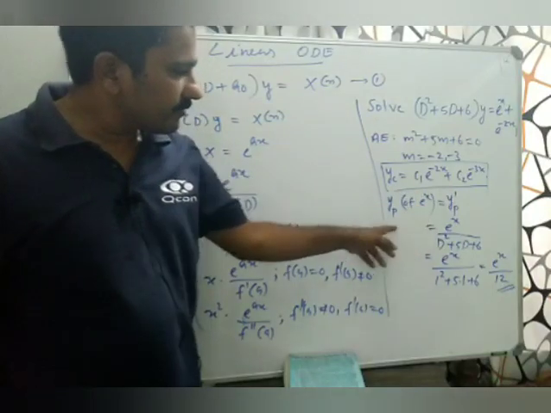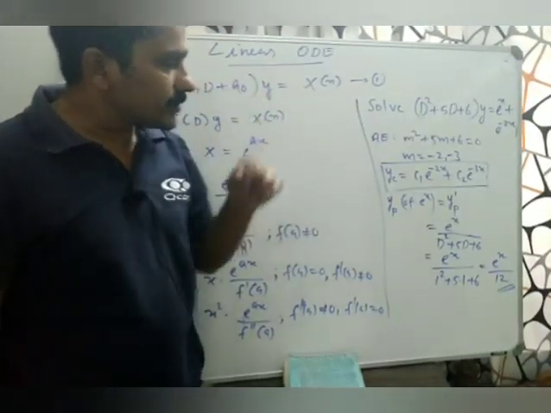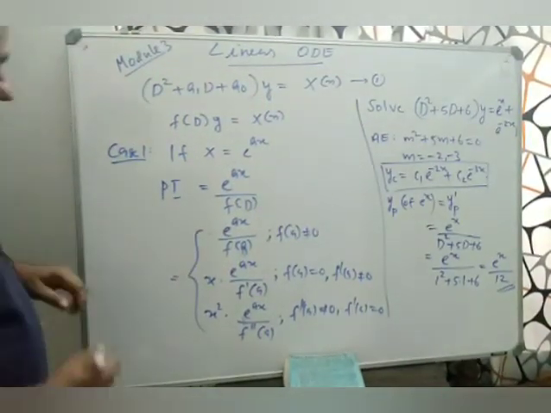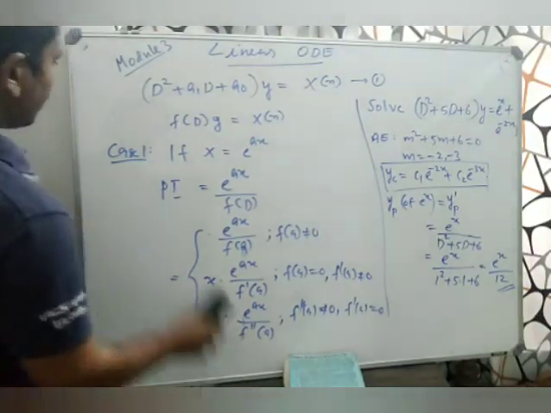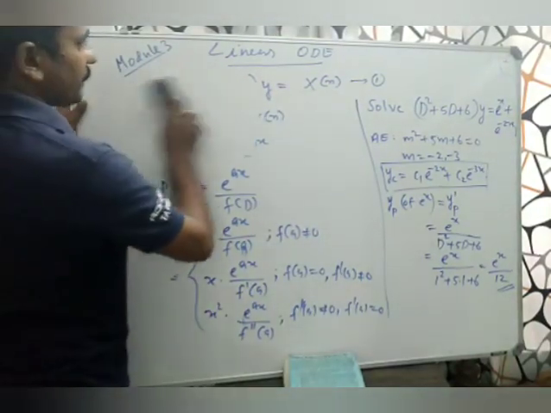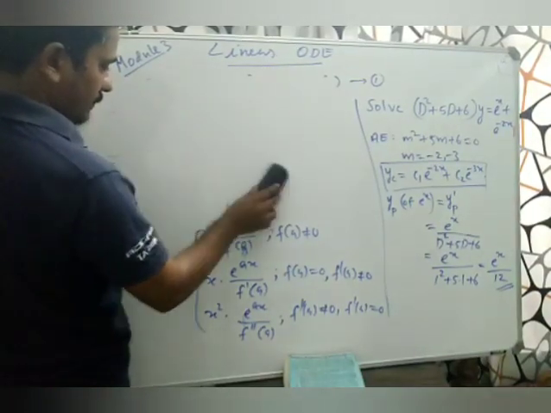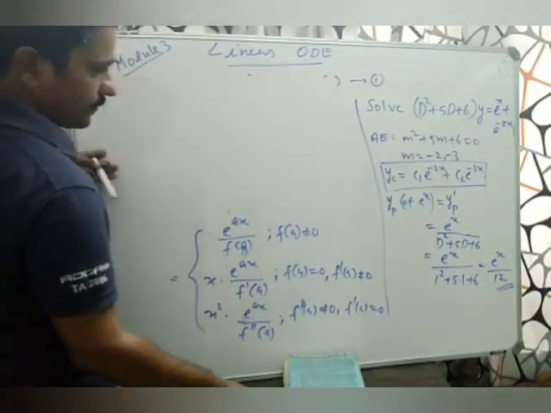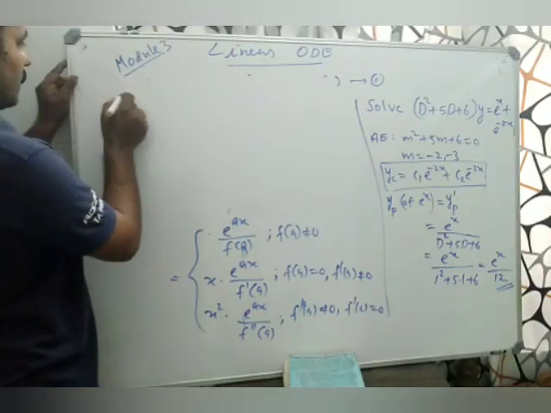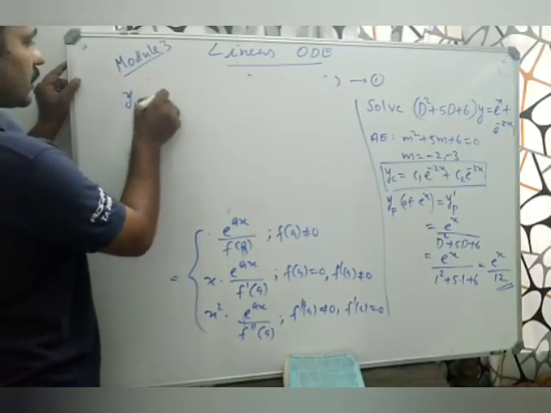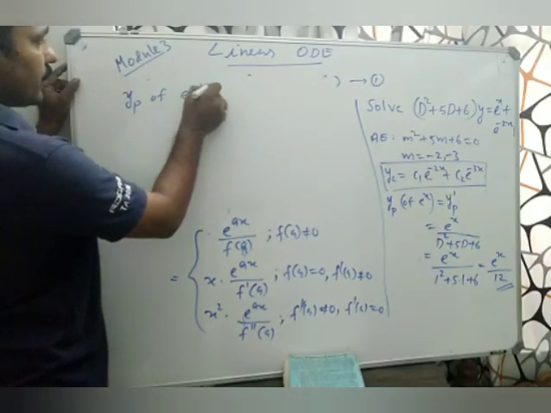The same way we can find the particular integral corresponding to e to the power minus 2x.